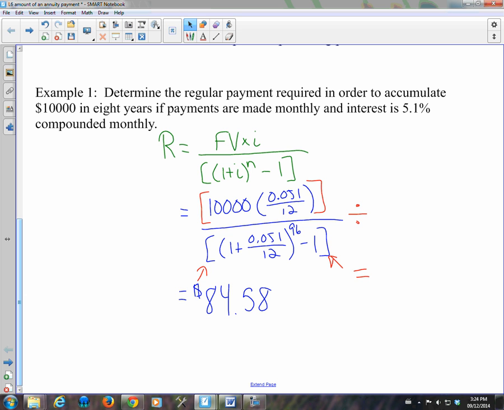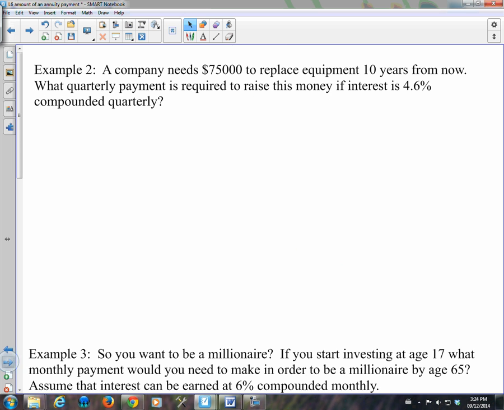All right, if we look at another example, I'm just going to write my formula down here. A company needs $75,000 to replace equipment 10 years from now.